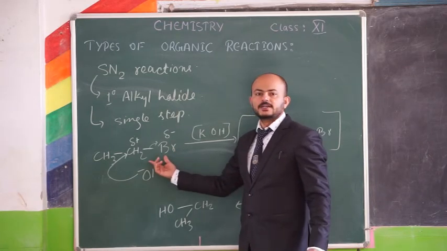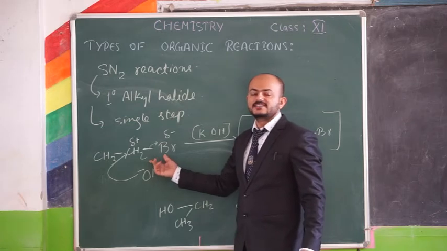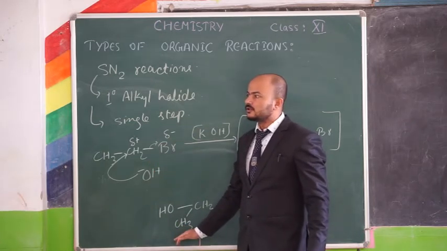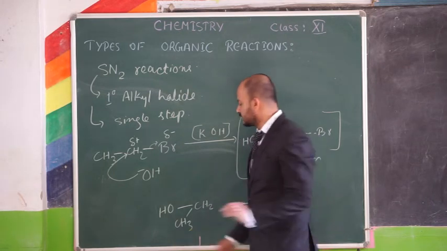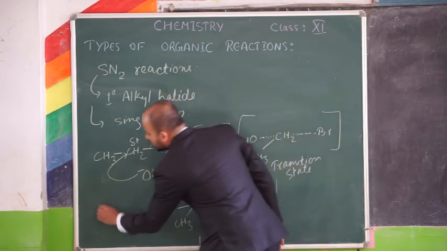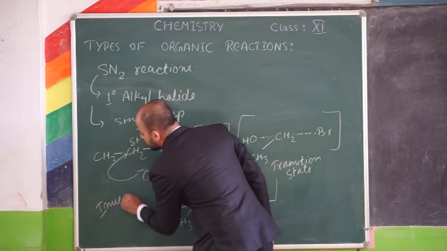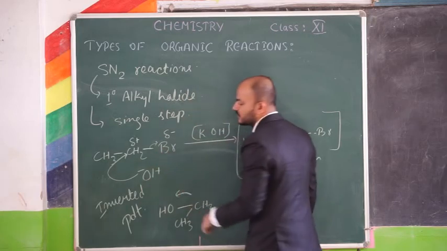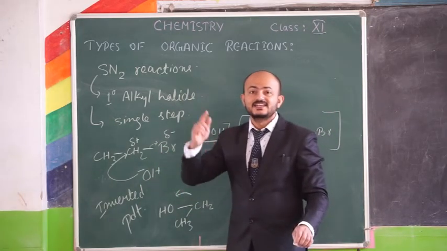If the reactant was dextrorotatory, the product that you obtain will be laevorotatory. So you have to remember, this is your inverted product. And this takes place in one single step.